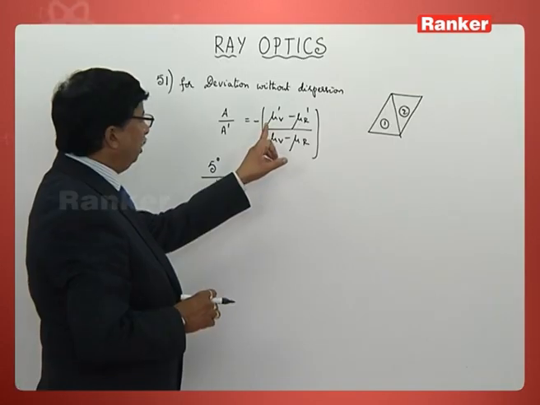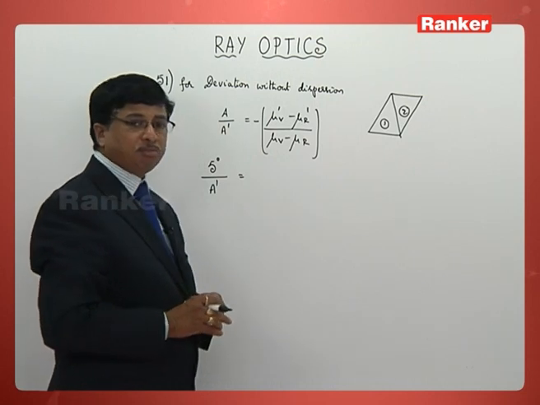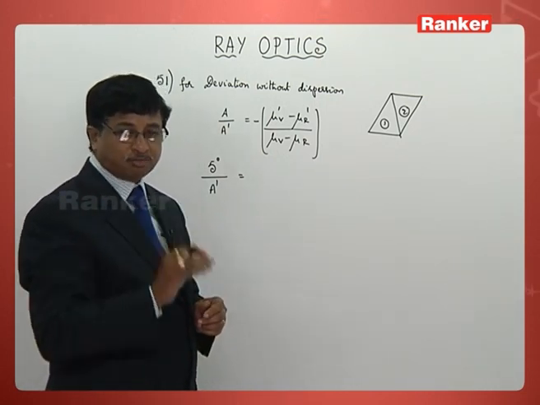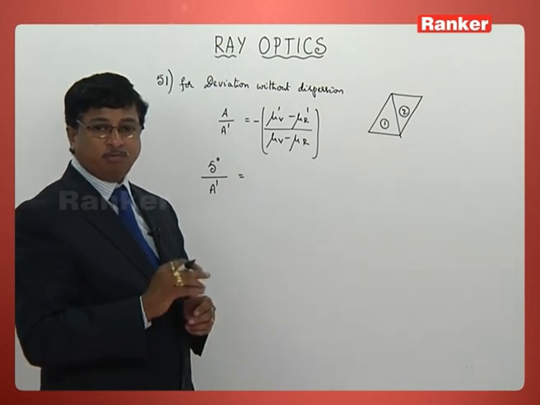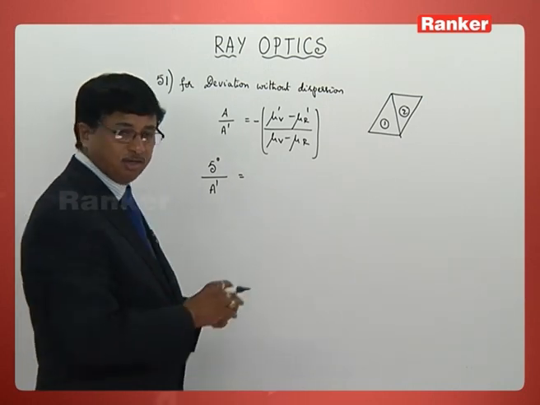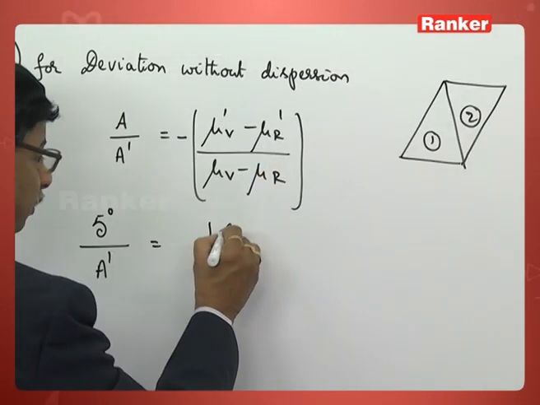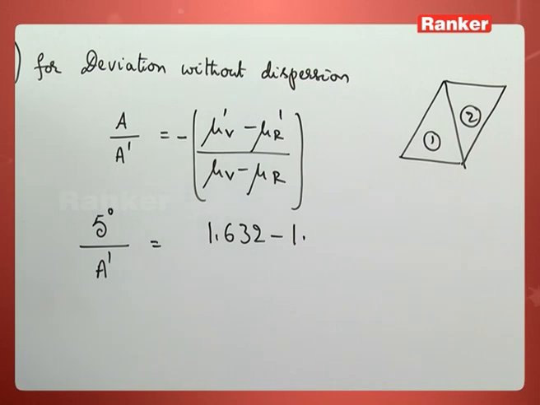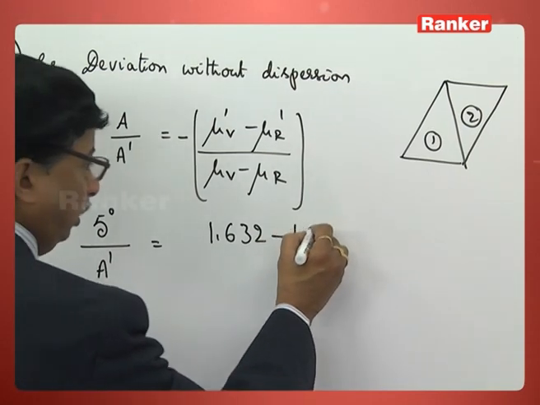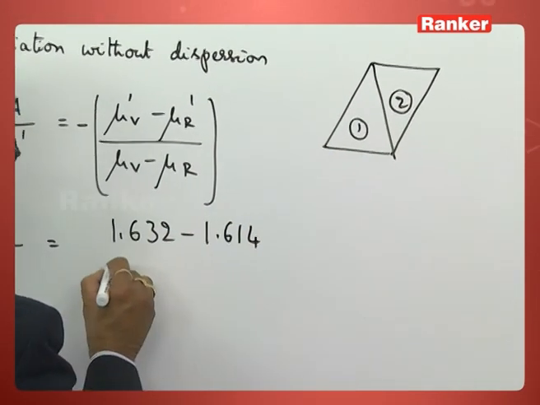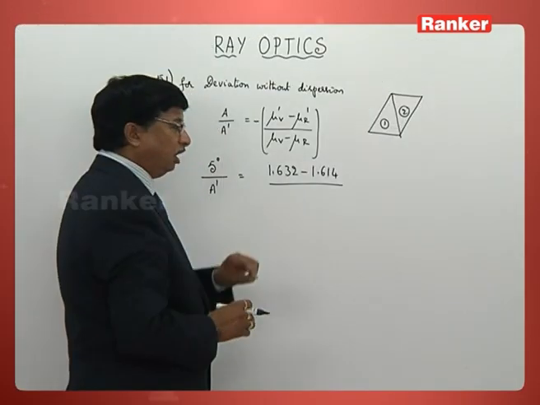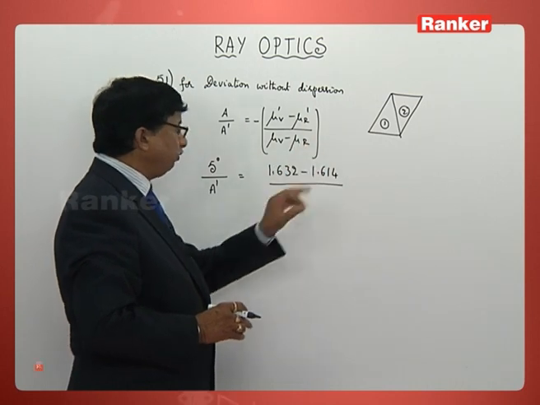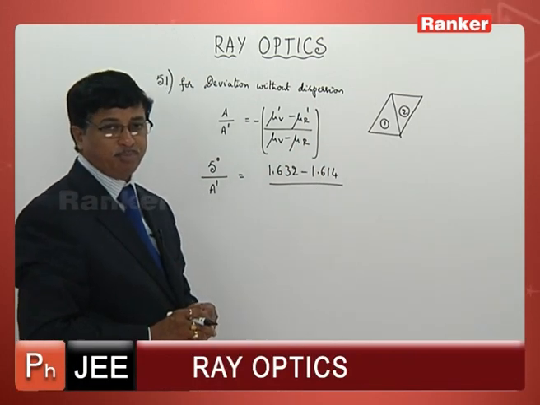Fine. Now mu V dash minus mu R dash are for the flint glass, so we have to consider the values given for flint glass: 1.632 minus 1.614. That is the pair of values given for flint glass, one for refractive index for violet and one for red.